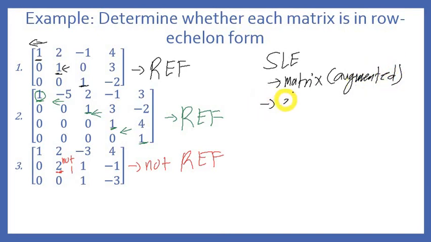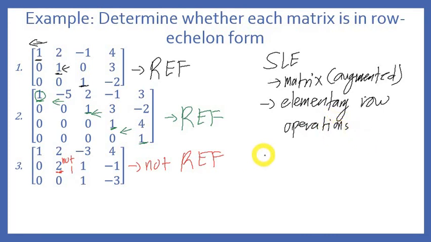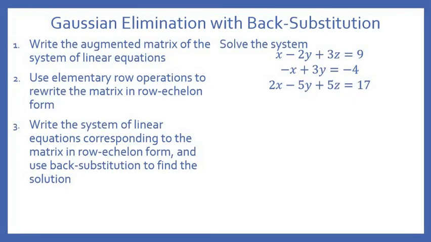Then we learned about the different elementary row operations that are very similar to the operations that we use in Gaussian elimination when we have equations. And finally, we already learned how to write a matrix in row-echelon form. So now we are ready to perform Gaussian elimination using matrices.